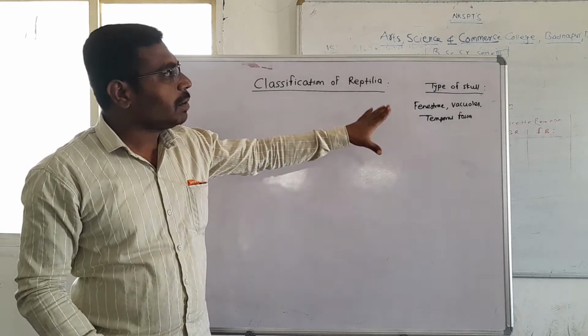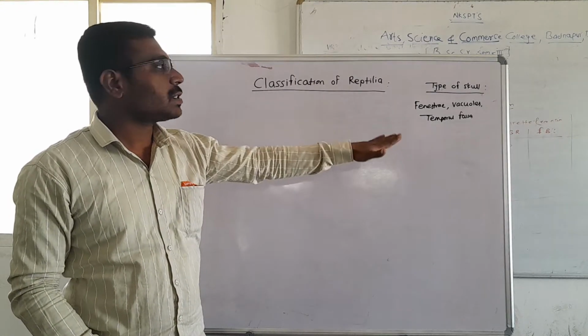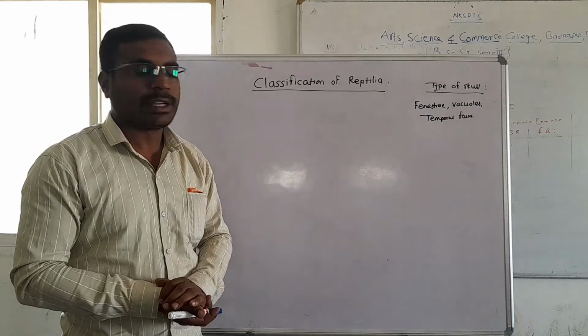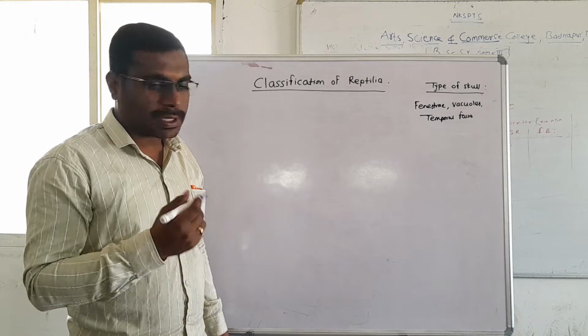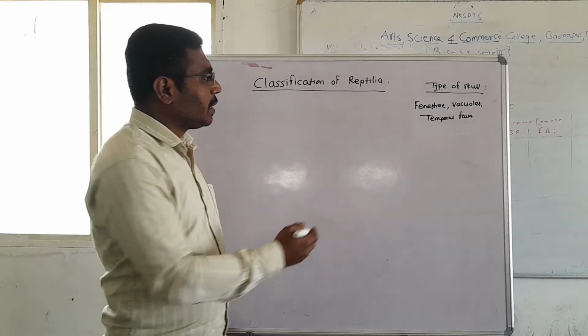And depending on presence or absence of such fenestrae or temporal fossa, there are 5 types of skulls present in reptiles.